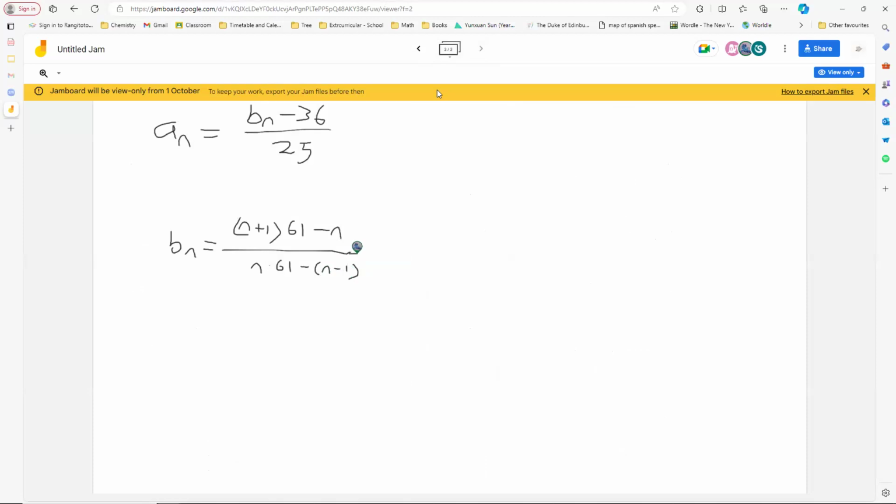So therefore a sub n is equal to, wait, I can't copy paste that. I'll just delete this. It's equal to this minus 36 over 25.